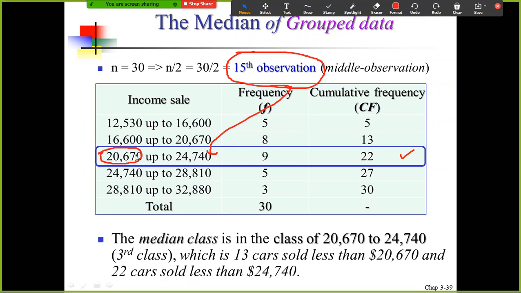So 22 cars were sold less than this class's upper limit, but 13 were sold less than the second class's upper limit. That's why the third class is between 13 and 22. So between 13 and 22, the 15th observation is inside here.